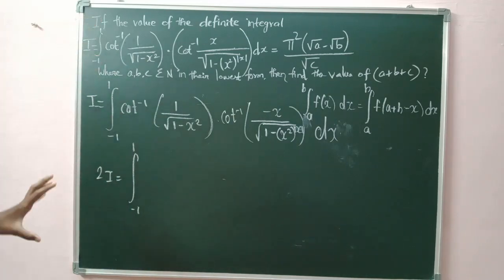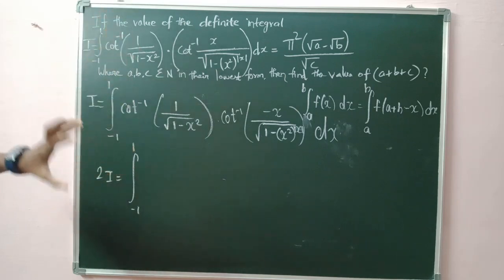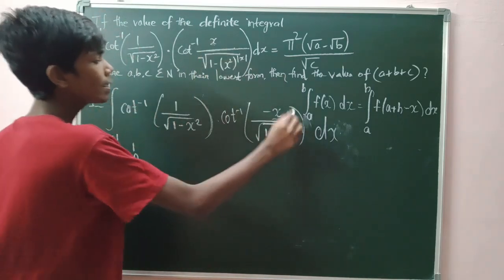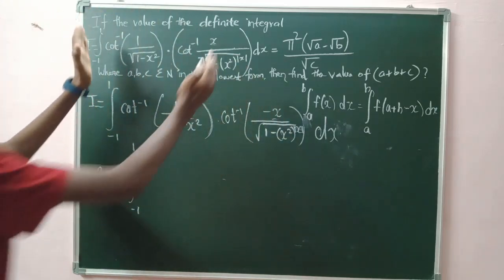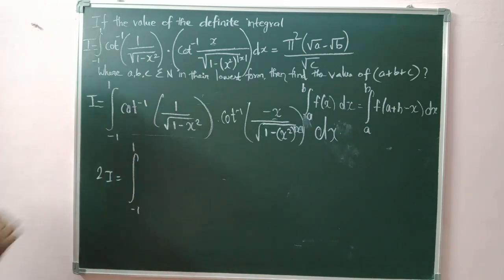If I need to add, just observe the inside function. Every value is the same, the only difference is that x is replaced by minus x. So I need to add this expression with this expression. Here, this particular term is common.